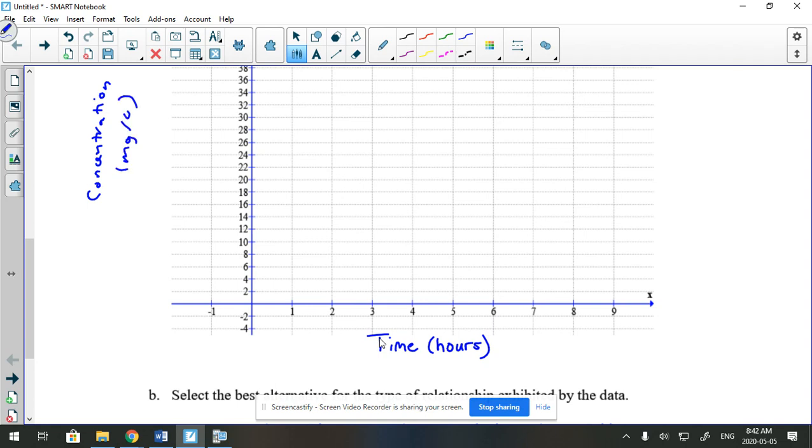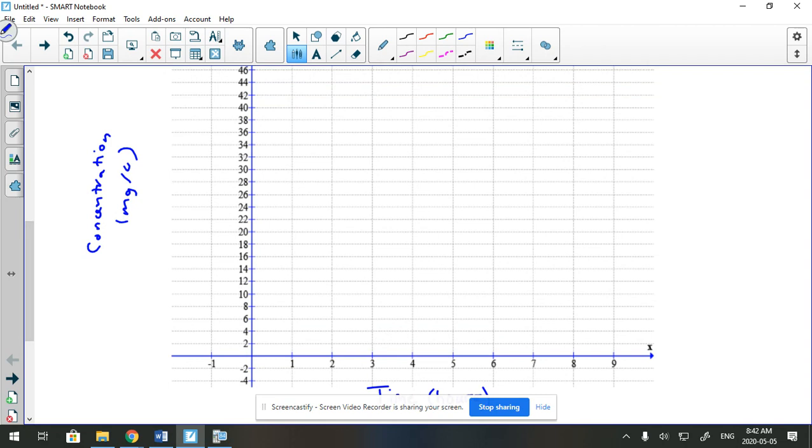Okay, and then we're just going to plot each of the points. So for time 0, your concentration is at 0. At 1.5, it's at 26.9. So about here. At 3, it's at 41.2. So about there. 4.5, it's at 47.8.